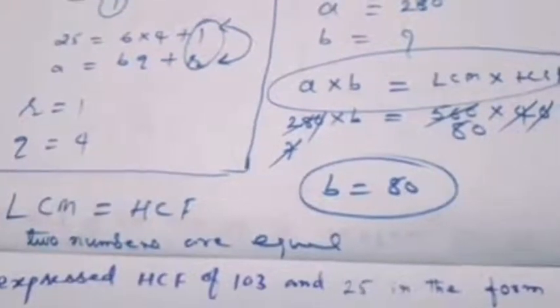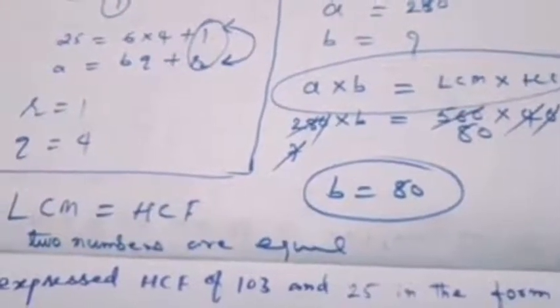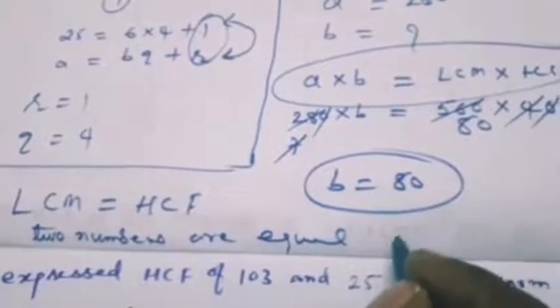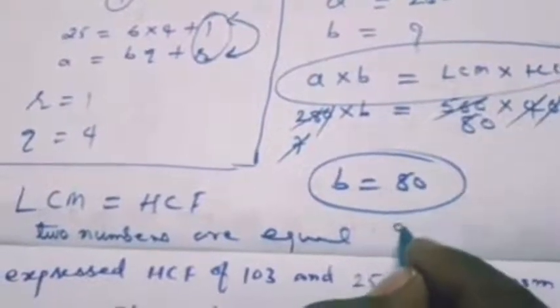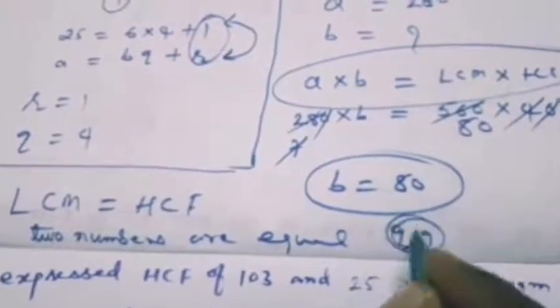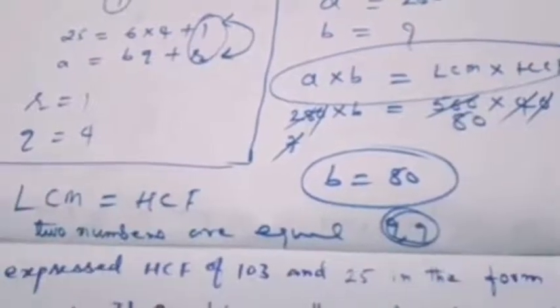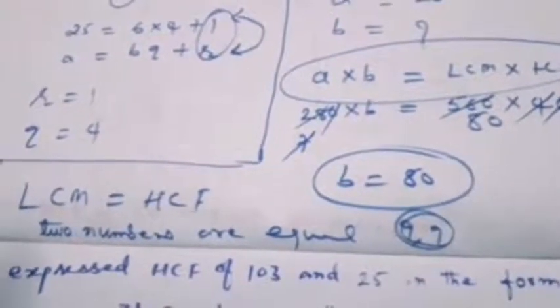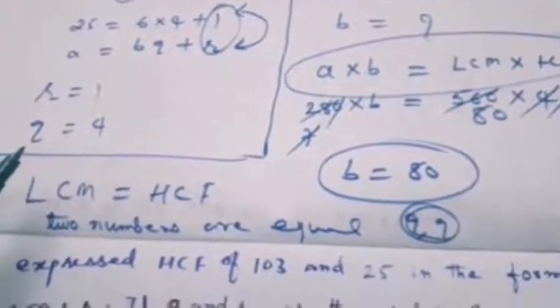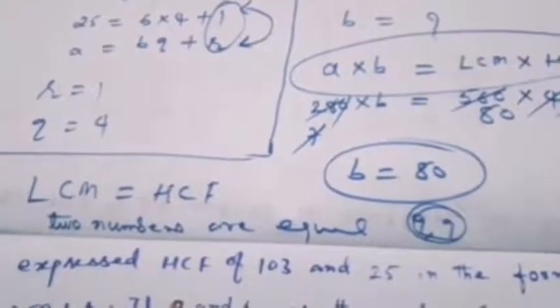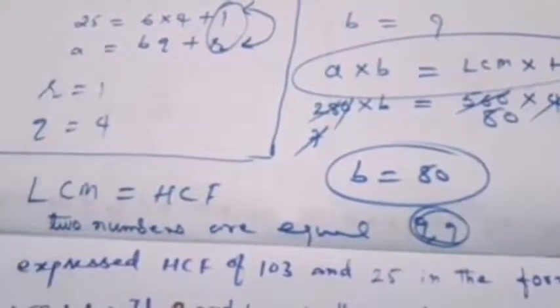Okay. So whenever two numbers are equal, for example 9 comma 9, the LCM and HCF both are the same. Understood? So now we will discuss the next problems.